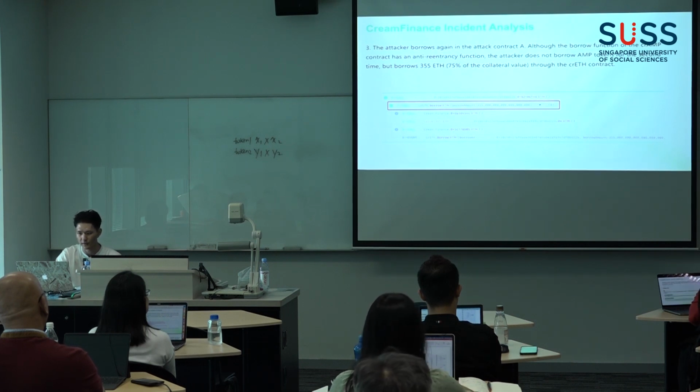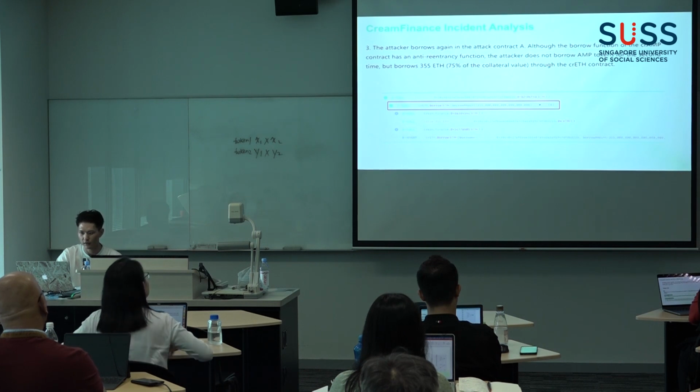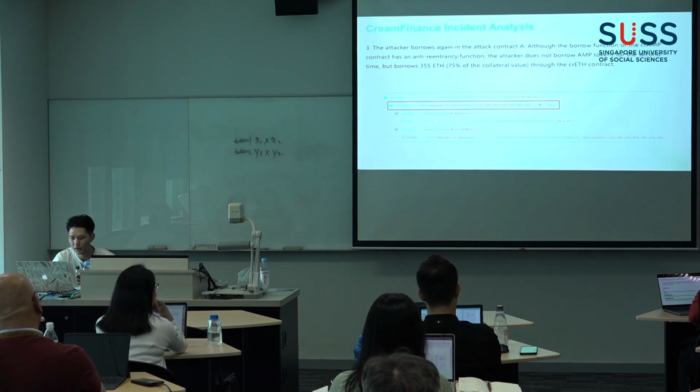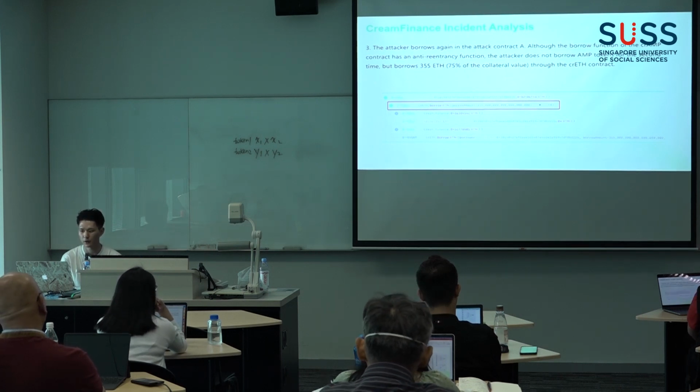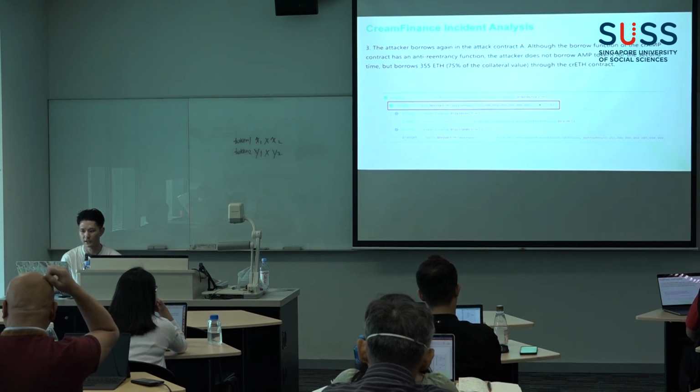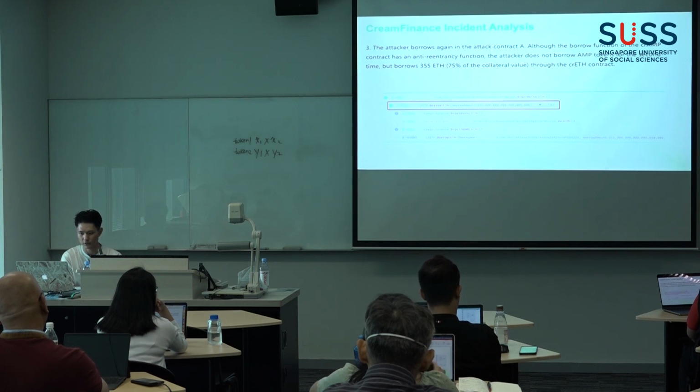In this case, the AMP token is protected by this mutex, the reentrancy guard, but it ignores the business logic that other functions can be reentrant. So the attacker did not borrow AMP tokens but borrowed ETH. Therefore, the mutex was bypassed.